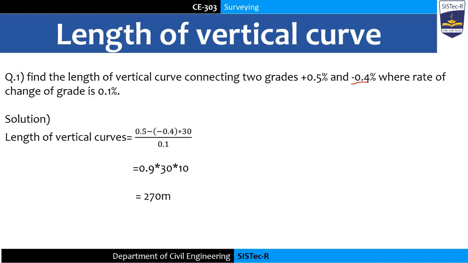So 0.5 plus 0.4 is 0.9, into 30 upon 0.1, which becomes 10 when moved to the numerator. So I get the final length of vertical curve as 270 meters.